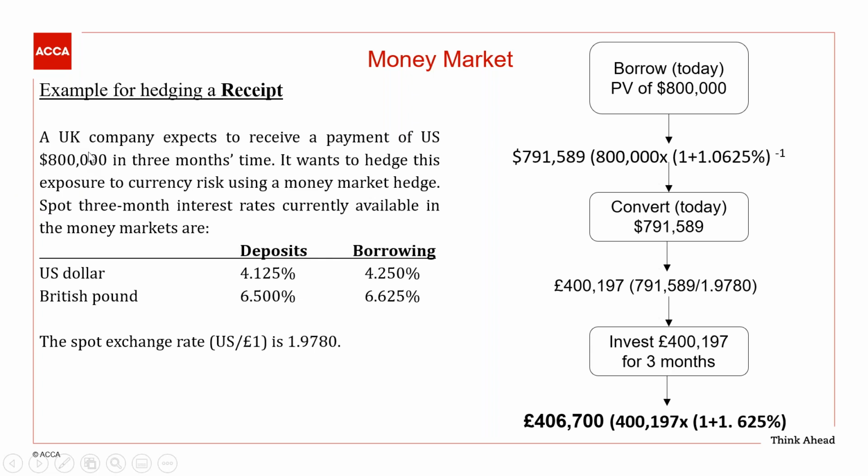So if I'm receiving something, then I have to borrow so that that receipt could be used to pay off this liability in 3 months time. Whereas if I am going to make a payment in 3 months time, then I have to deposit something here so that I can make a payment out of this deposit in 3 months time. Is it clear?